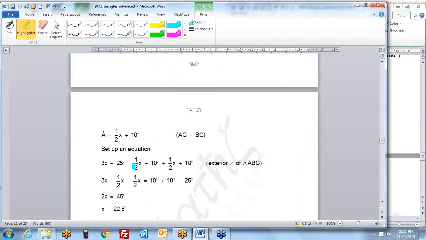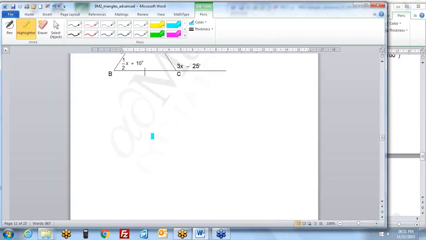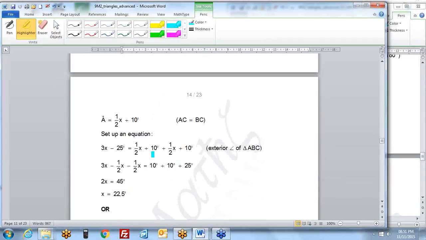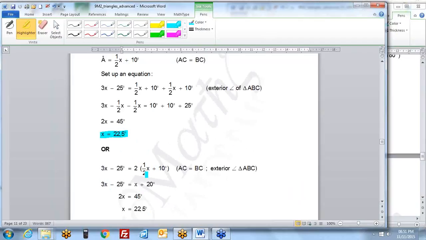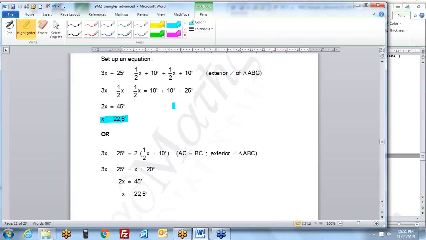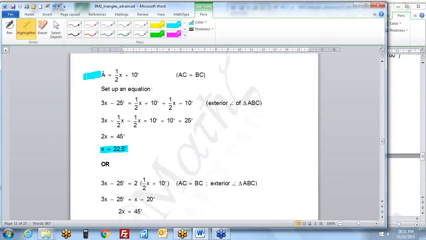Right? And then we're going to add these two together and equal it to 3x minus 25 degrees. And that's what you see over here. Exterior angle of a triangle ABC. And then you will get the value of x as 22,5 degrees. Or you can go this route, and you basically then just do this step and this one in one.